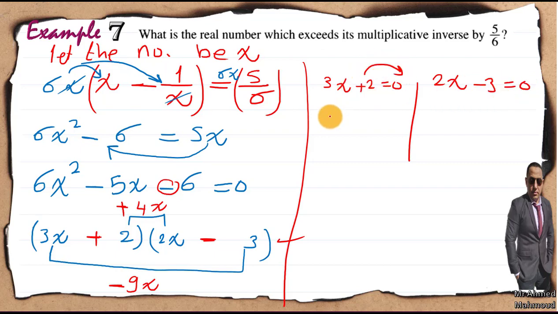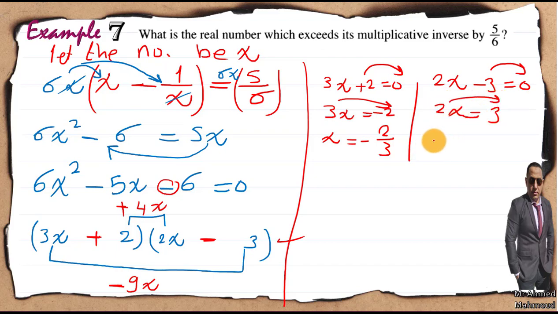I'm going to send 2 to the right side as minus, so 3x equals negative 2. Then I send 3, so x equals negative 2 over 3. Here I send 3, so 2x equals 3. And I send 2, so x equals 3 over 2.